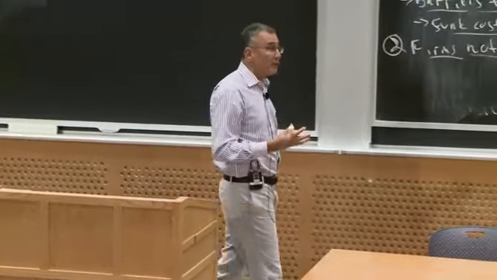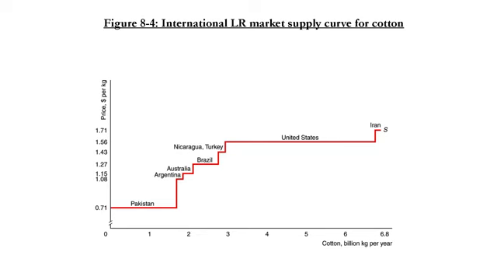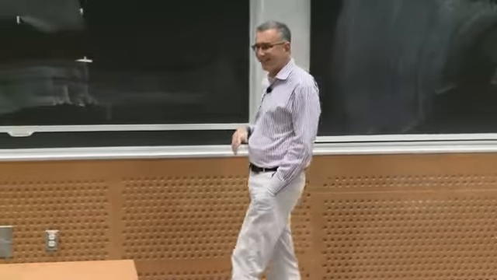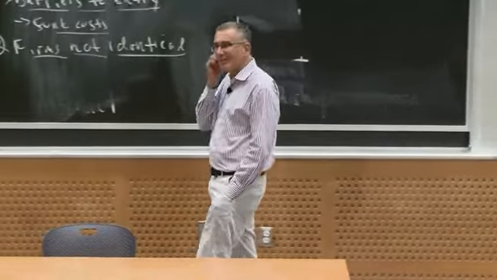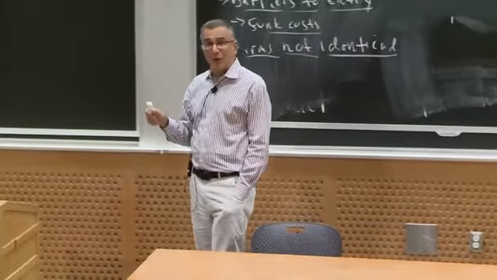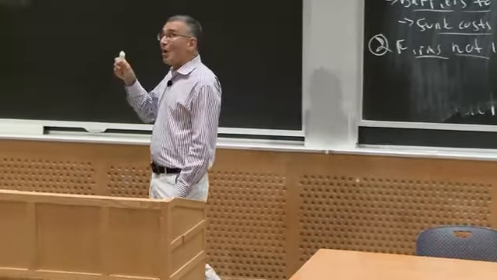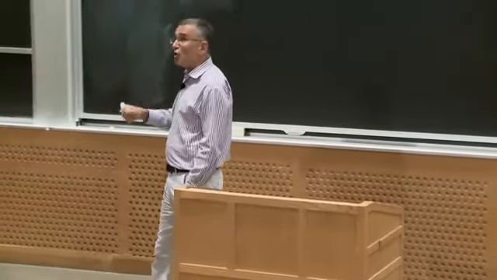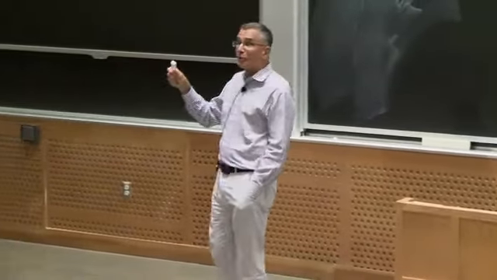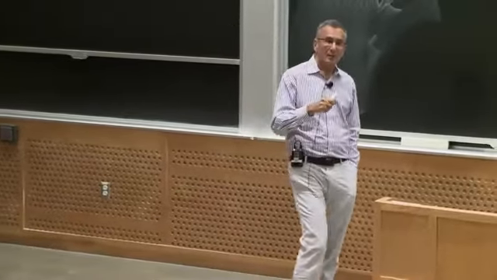This red line supply curve, demand equals supply at $1.56. So what are profits in the US at that price? What are profits in Pakistan? 85 cents. So in a world where to meet demand, you need to draw on less efficient firms, the more efficient firms can make money.